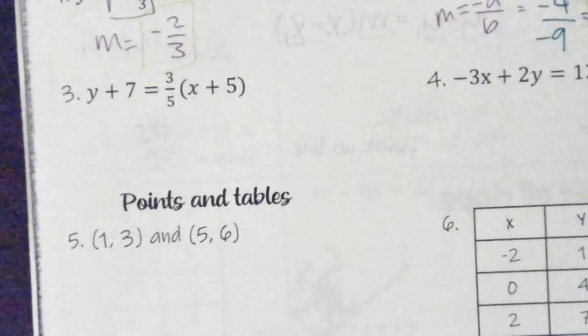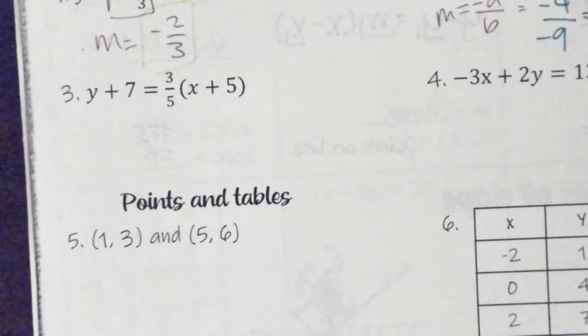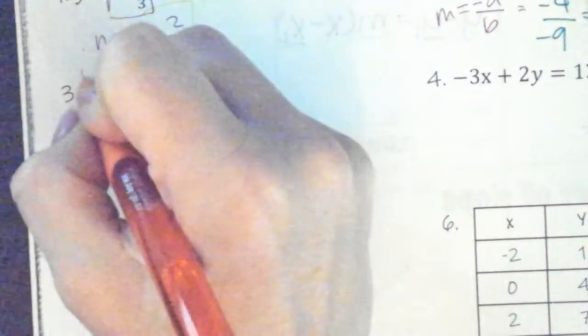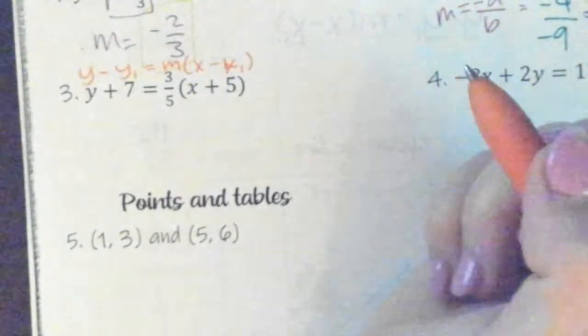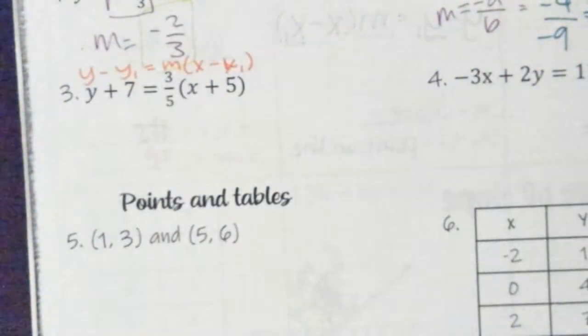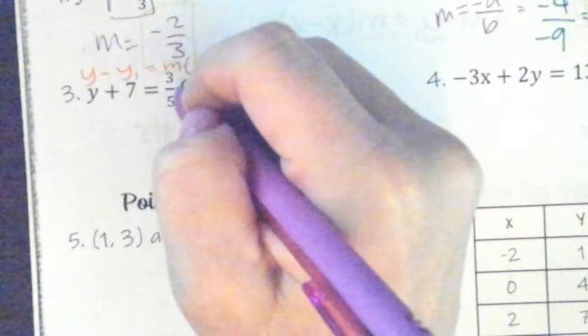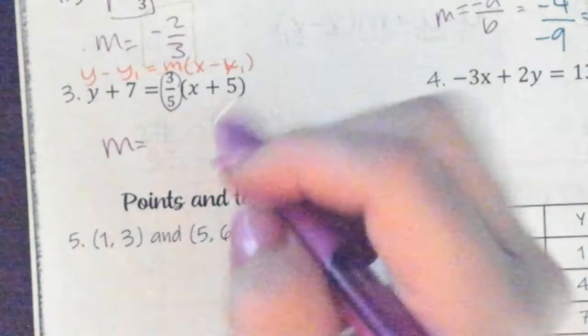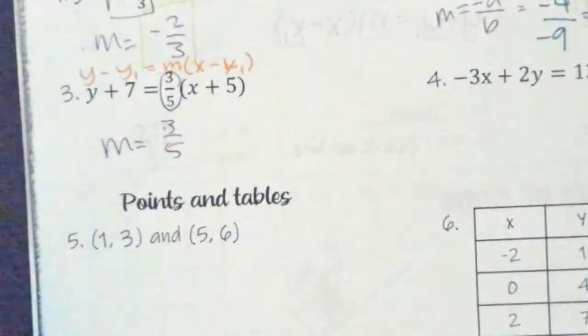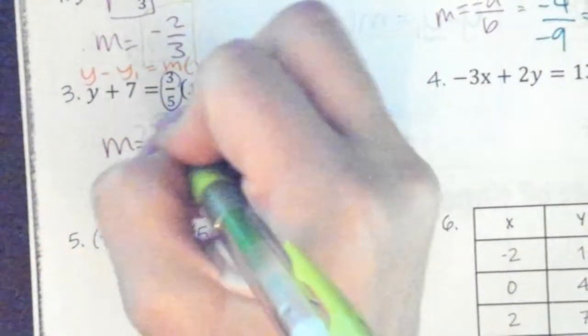Alright, this number 3 is written in our point slope form. So y minus y1 equals m(x minus x1). So I'm just looking at that number in front of the parentheses. So my slope here is 3/5.